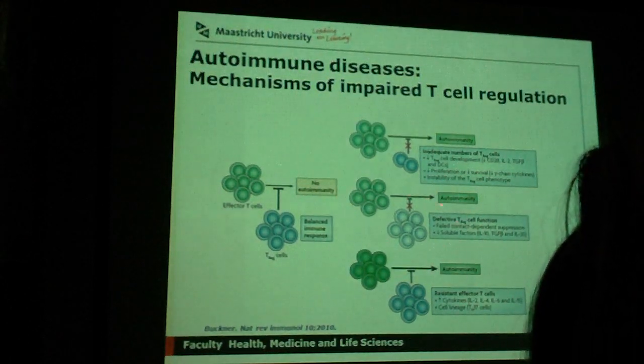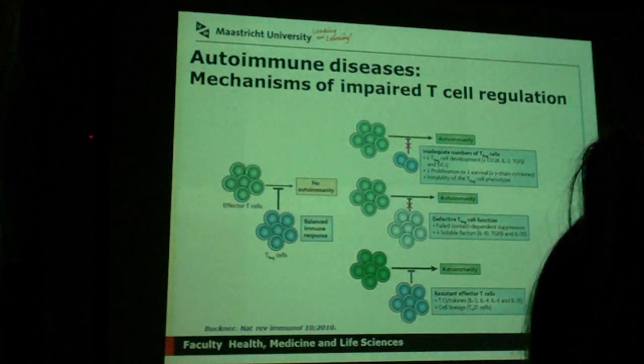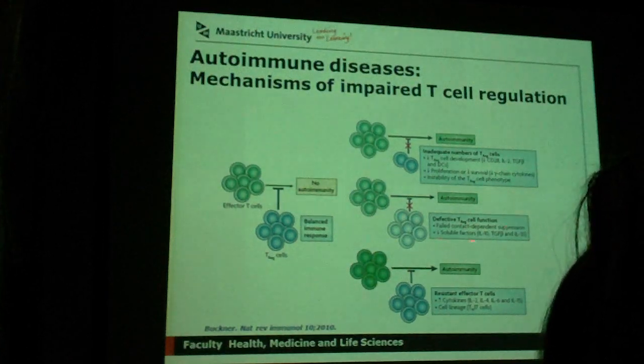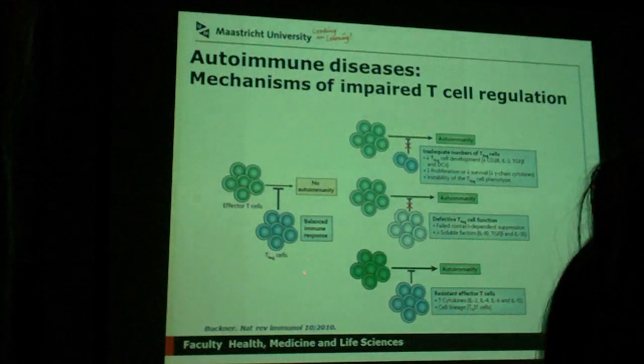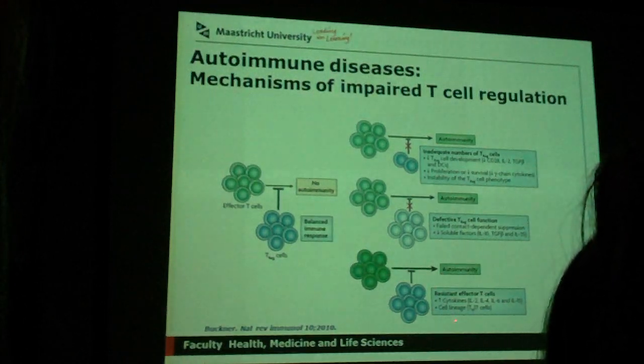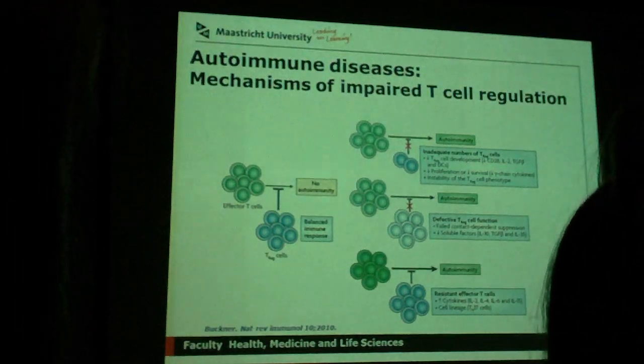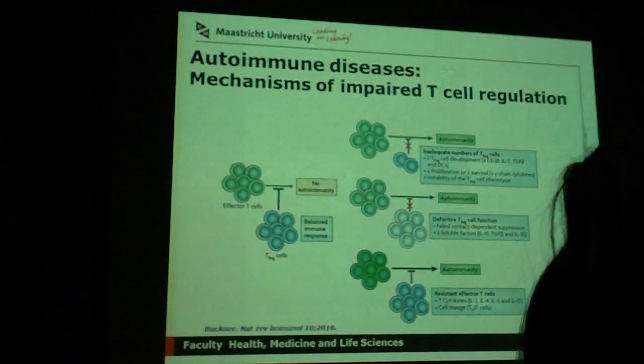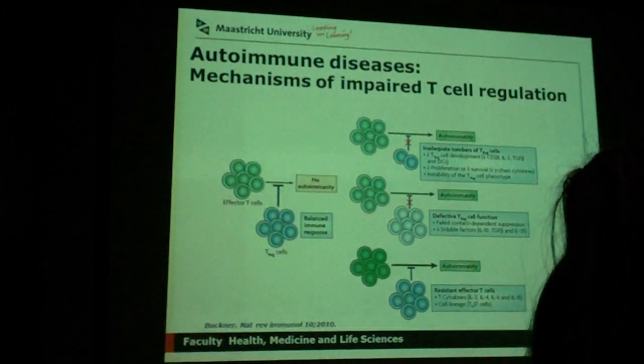Or if they are in sufficient numbers, but they don't do their job, as I showed you before in MS, you will develop autoimmunity. Or if there is nothing wrong with the function of these Treg cells, but the effector cells are not really sensitive to this mechanism of action, you also will end up with autoimmunity.